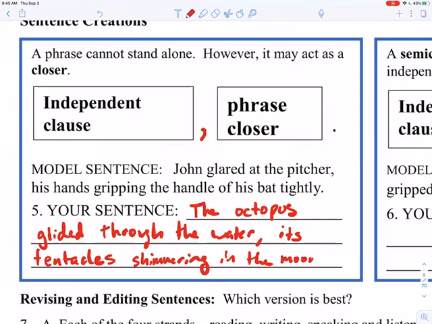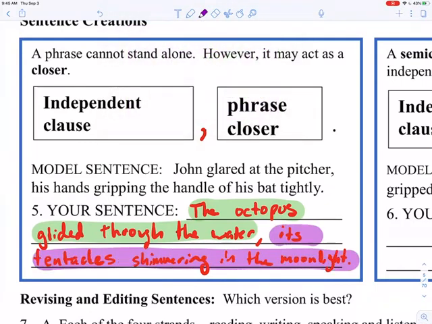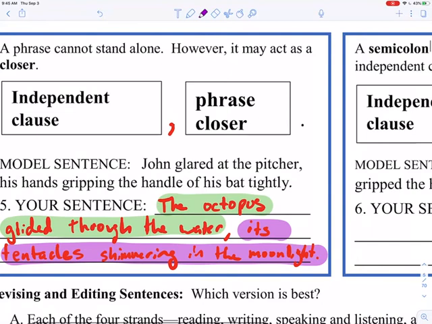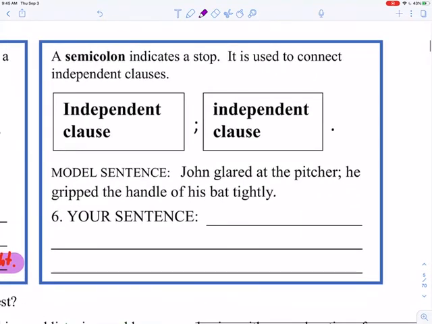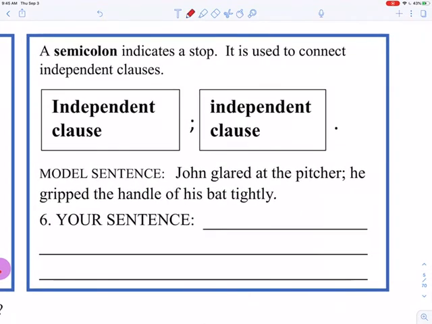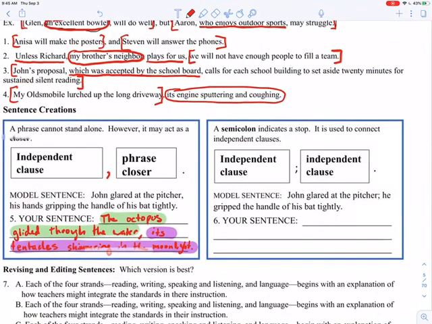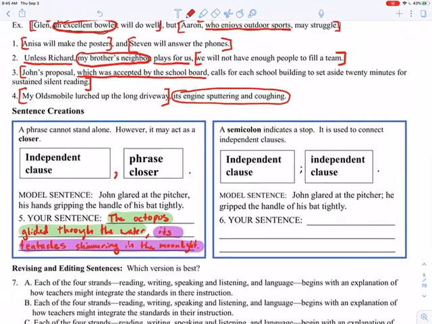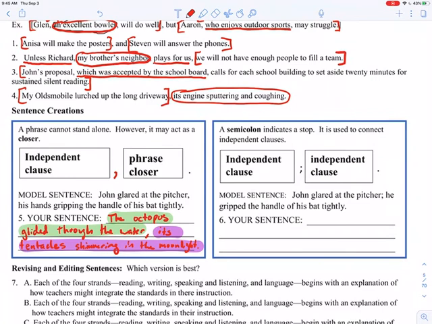So here's the independent clause in green and the phrase describing in purple. Okay, and two independent clauses here. I wonder if I can write the same sentence as the example, but this time with two independent clauses. So I'll try that.